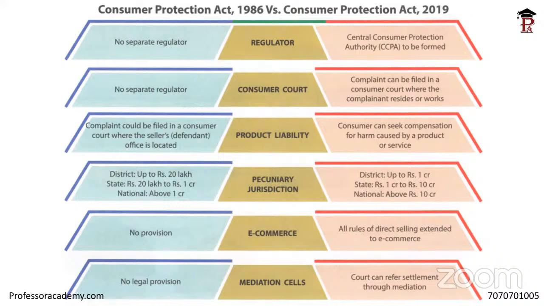So in a nearby place, every city will have a consumer court where they can go and file their issues. Every district will have such courts where you can go and file your complaint: these are my issues, and this is what I'm facing.